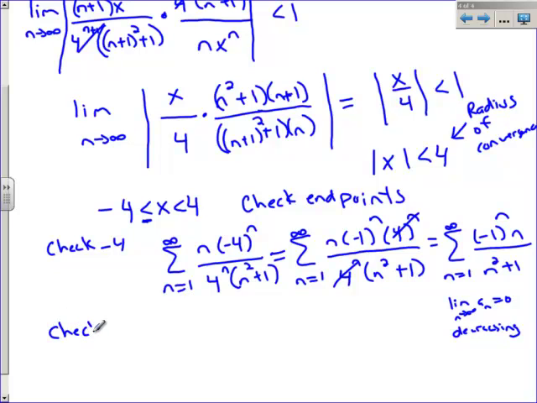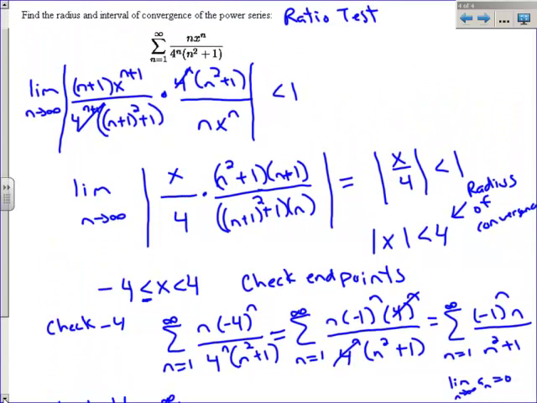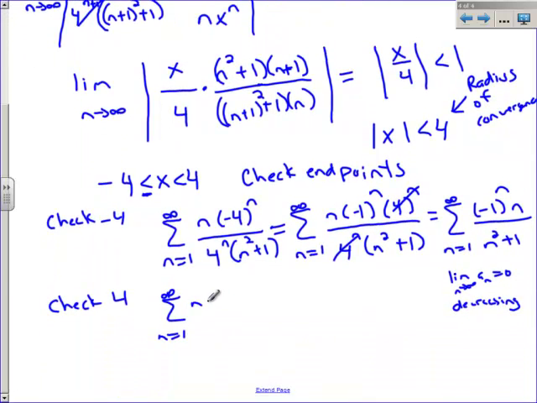Now let's check 4. If I plug in 4 for x, make sure I got it up here, n times 4 to the n over 4 to the n times n squared plus 1. My 4 to the n's would cancel, and I would get a series that's not alternating.